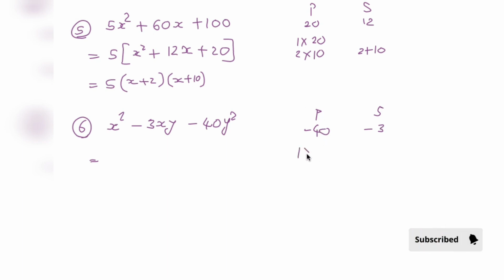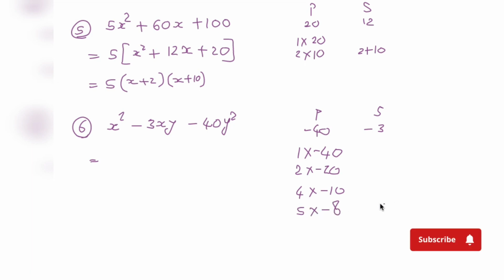So 1 times negative 40, 2 times negative 20, 4 times negative 10, 5 times negative 8, and yes, here the difference is negative 3, correct? 5 times negative 8 is negative 40, and 5 minus 8 is negative 3.